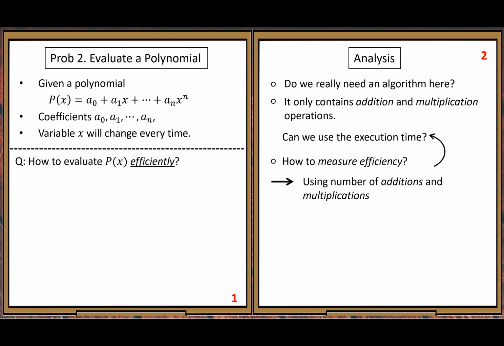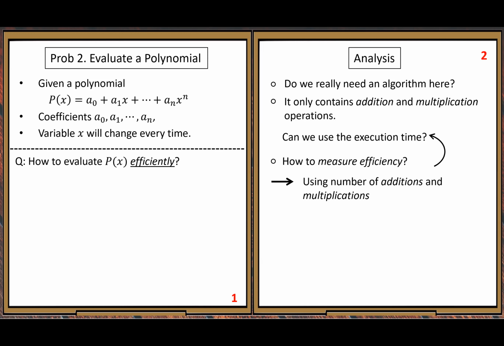But that measure is usually not stable. That's why usually it's not a good measure. Why not stable? Because we don't know which machine we run that program on. We may run that algorithm on different computer machines. The hardware is different.